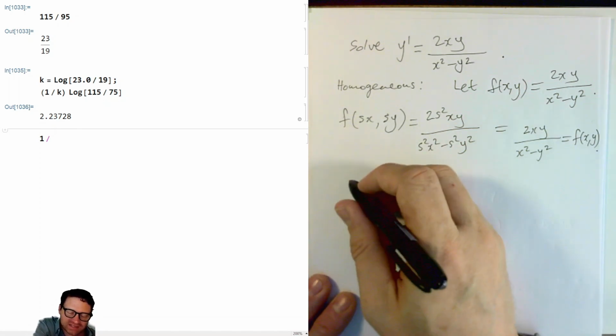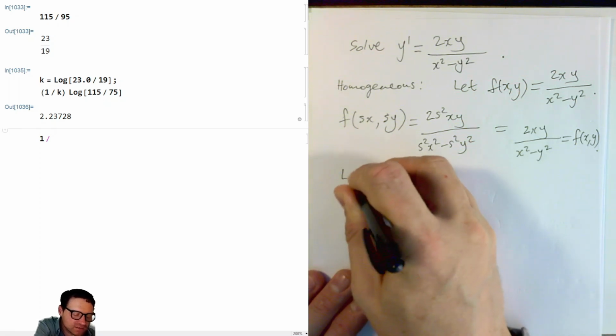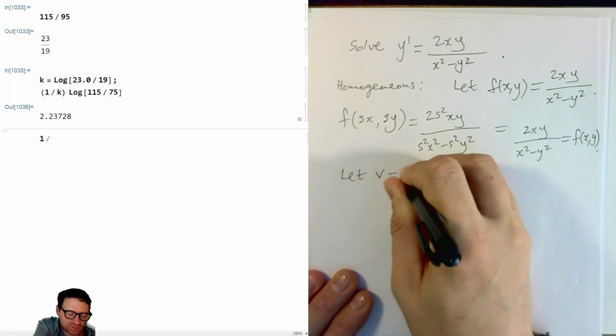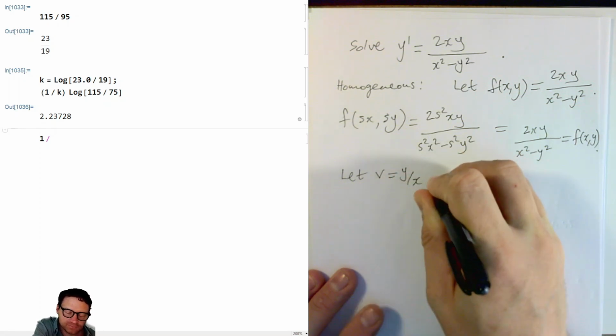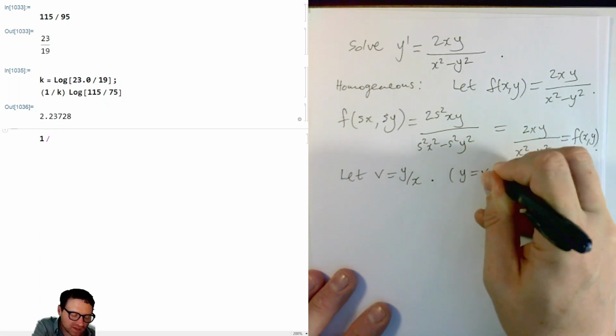All right, so what that means then is that we can apply a special trick. So we'll let v be equal to y over x, and alternatively y is equal to vx.